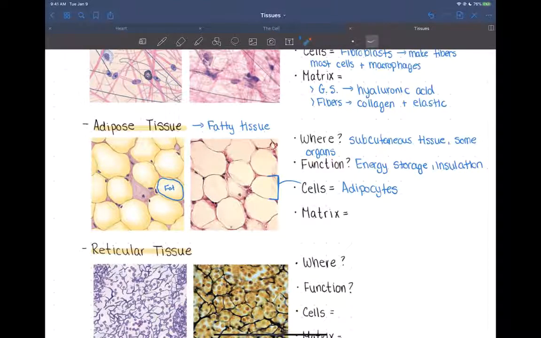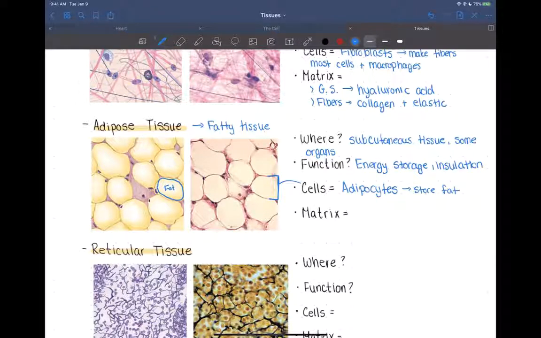When you look at this tissue on a microscope slide, at first glance it'll just look like a bunch of little bubbles making up the tissue. But those are actually cells. Those are the adipocytes, and they're what's storing the fat.